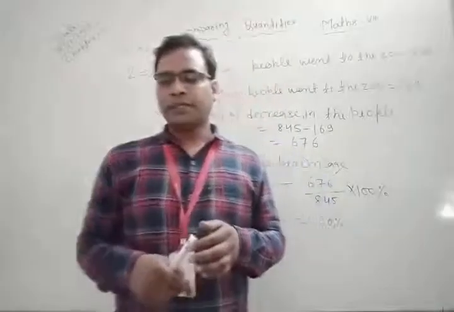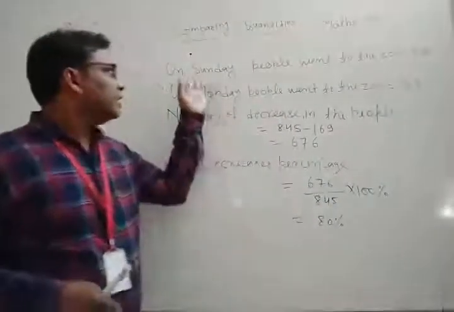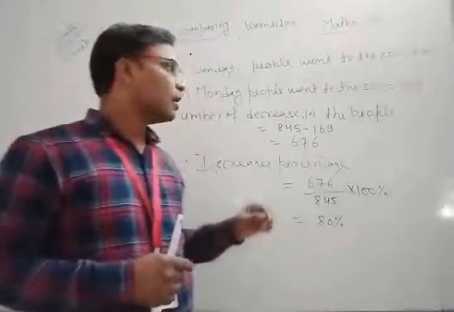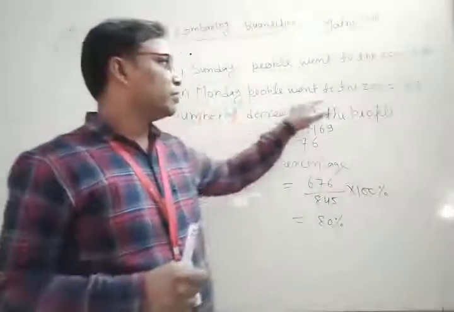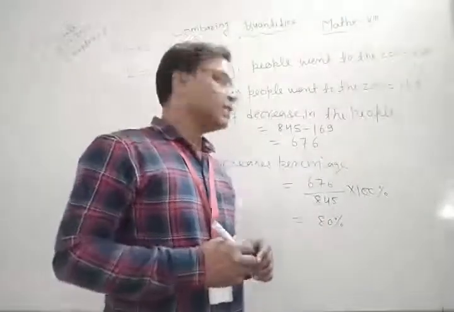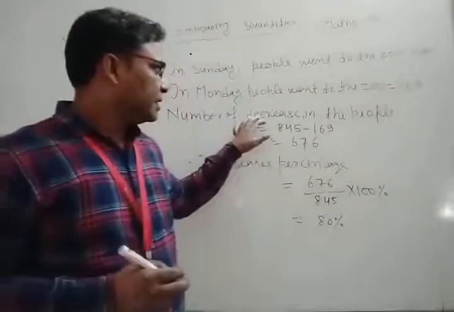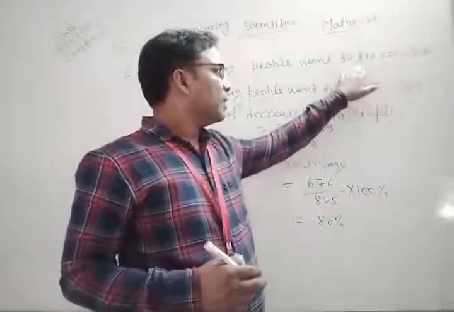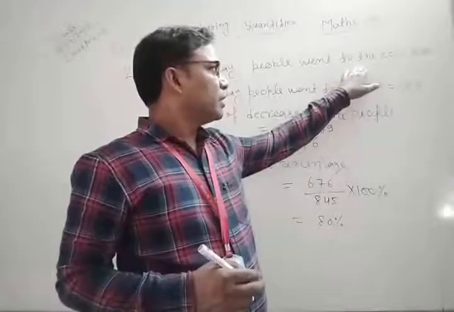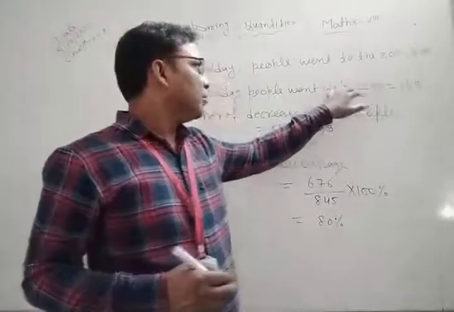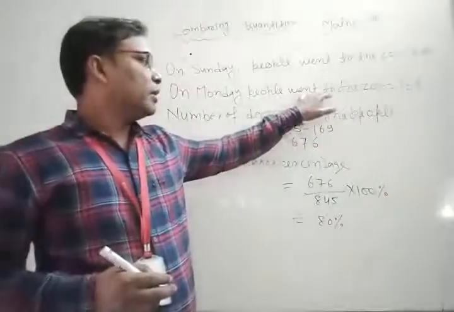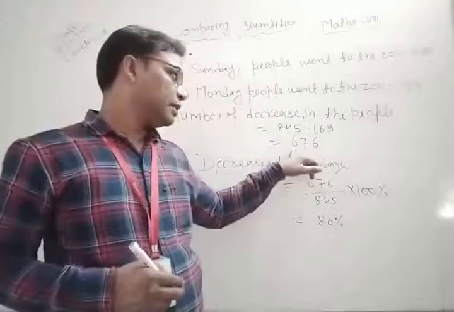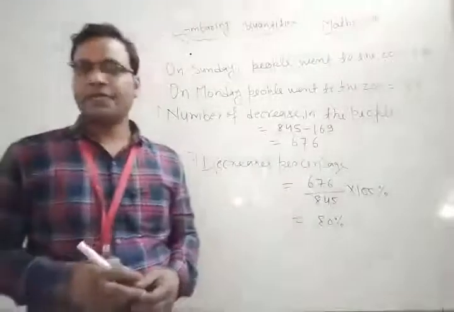So first we write that on Sunday people went to the zoo is 845, and on Monday people went to the zoo is 169. So the number of decrease in the people is the number on Sunday minus the number on Monday. We subtract them, then we obtain 676.